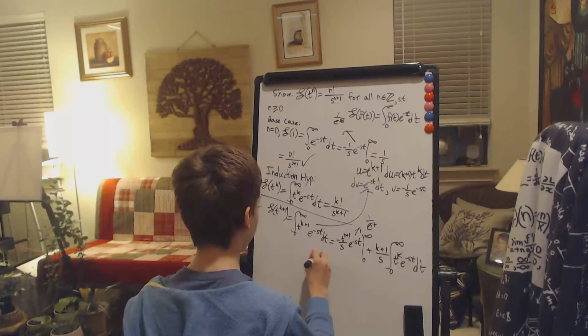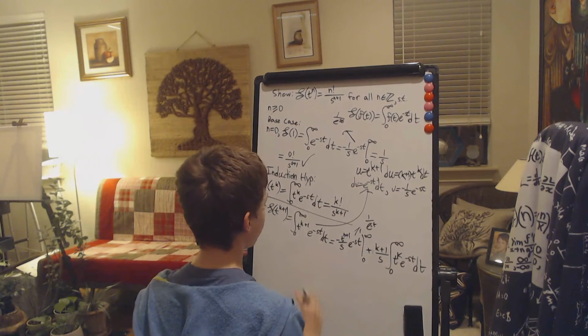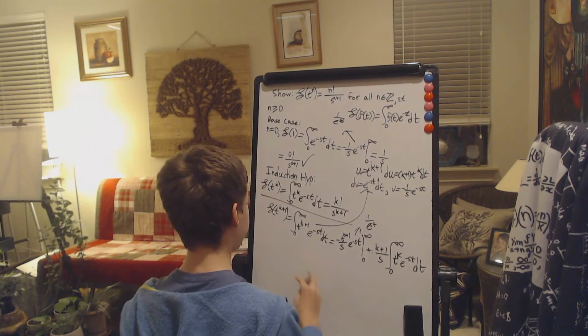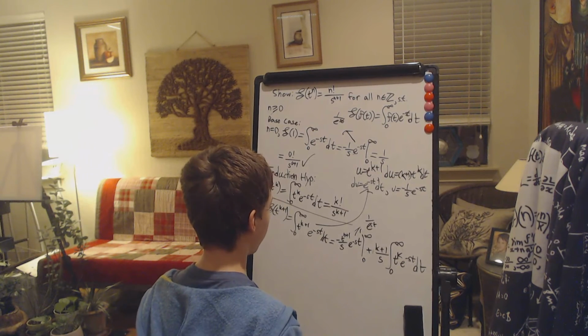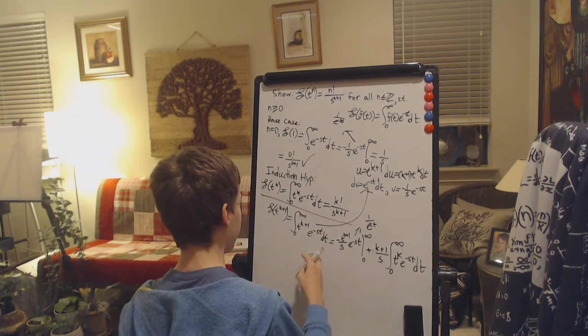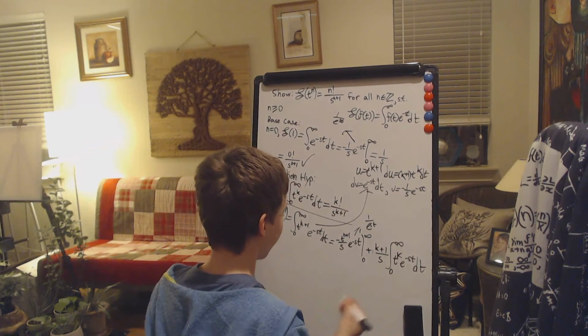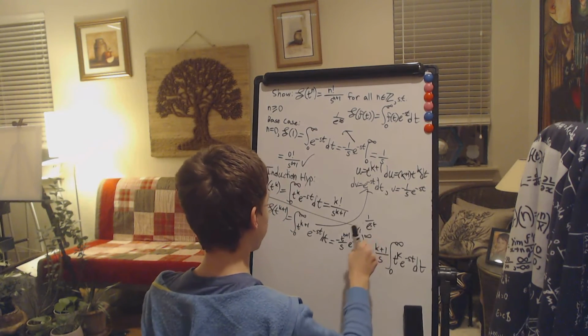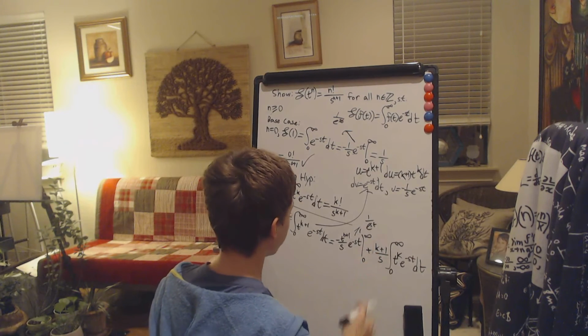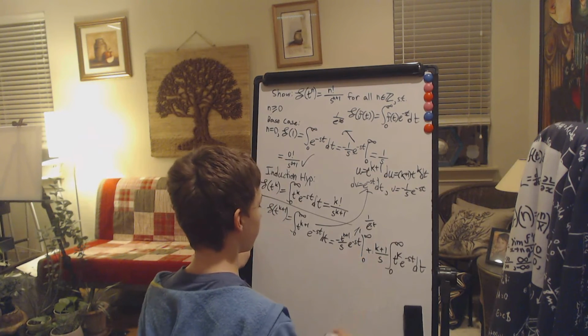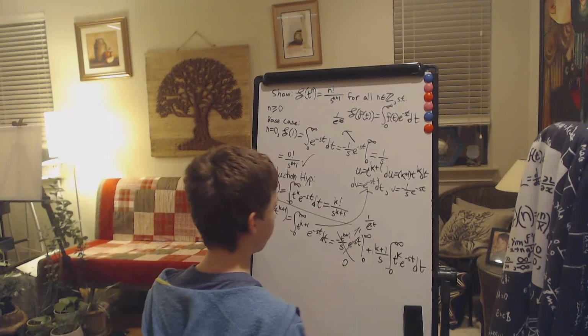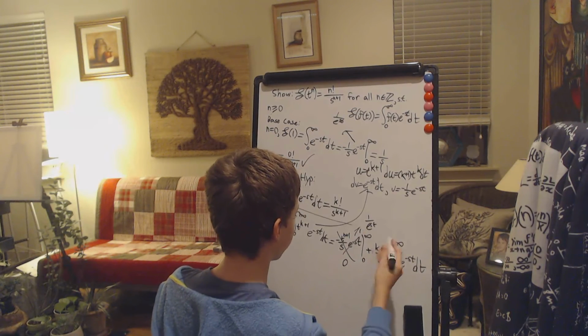You can prove that with repeated L'Hopital's rule, or maybe even induction, if you'd like. That could be an exercise for the viewer. Anyway, when this approaches infinity, we get 0. And if we plug in t equals 0, we get 0 as well. So this term goes to 0, and now we're just left with this.